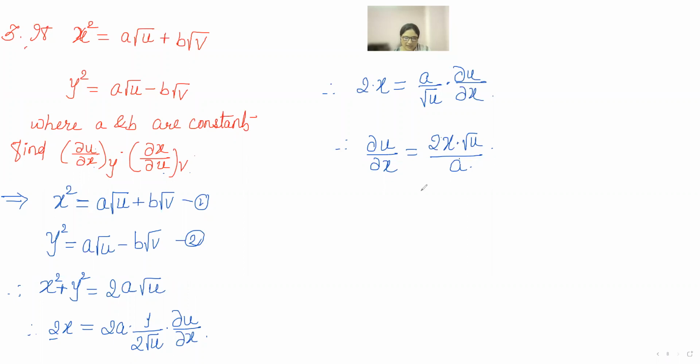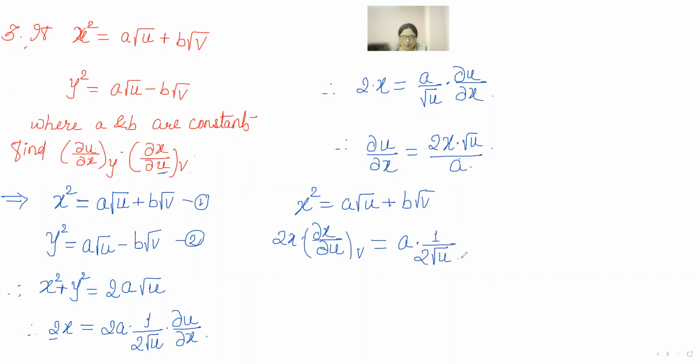Okay. Now consider x square. X square is equal to a into root u plus b into root v. Now taking derivative of this x square with respect to u. So derivative of this function, 2x into dou x by dou u keeping v constant, is equal to a into 1 upon 2 into root u.